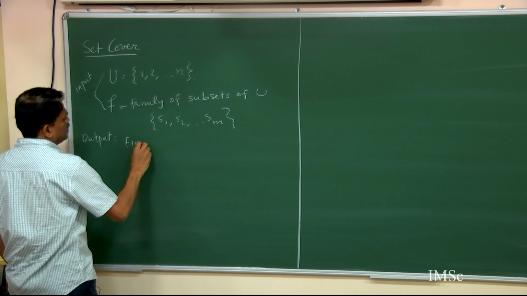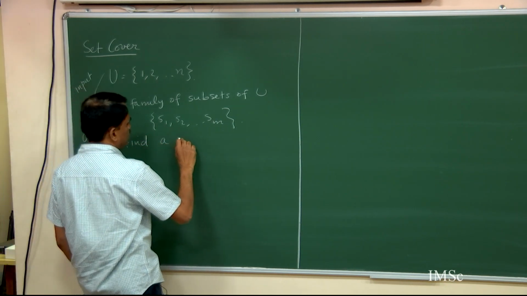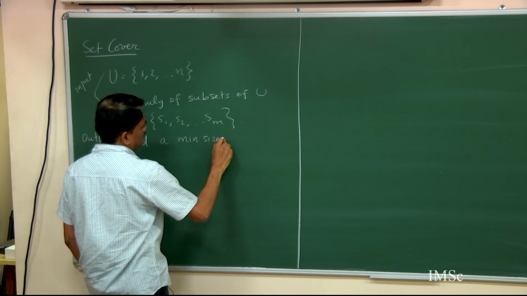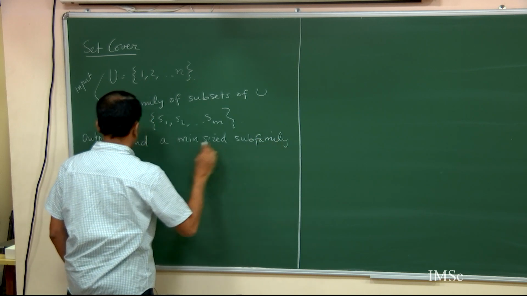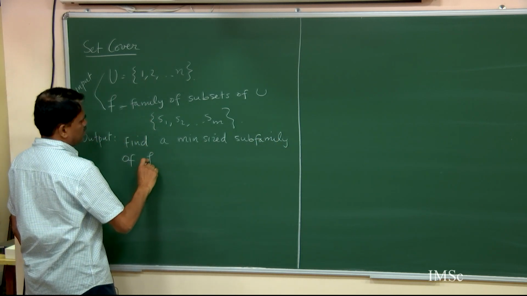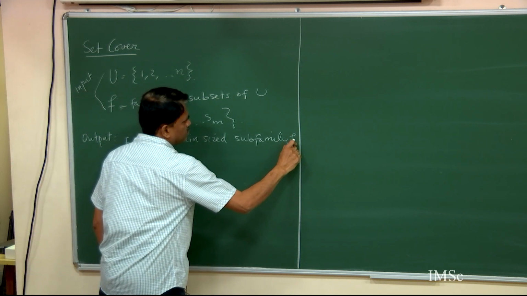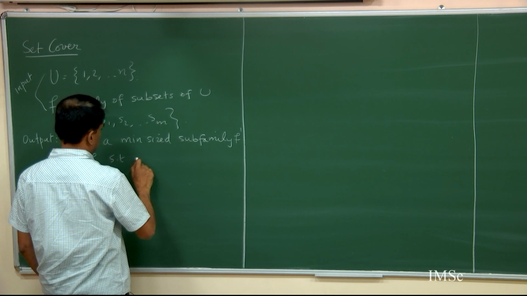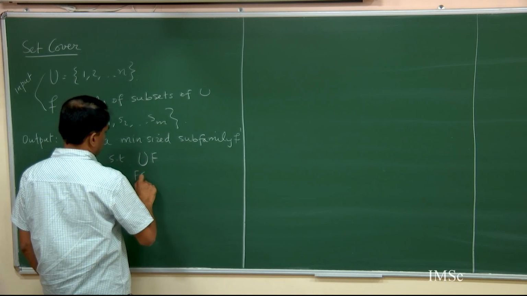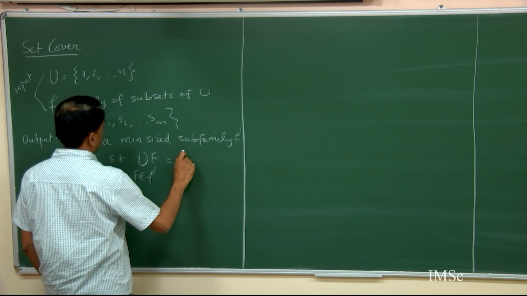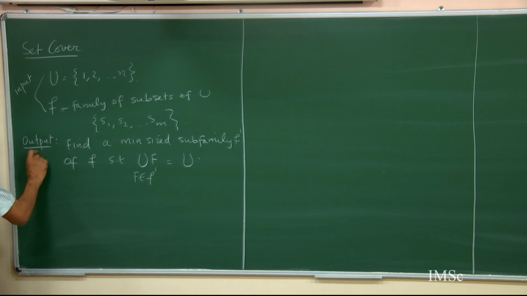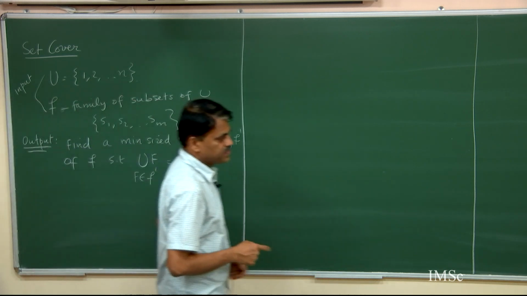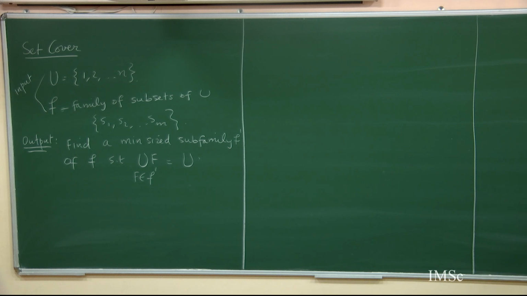Find the minimum sized subfamily of F, let's call this F prime, so you want to find some small collection of subsets from this family which together cover my universe.